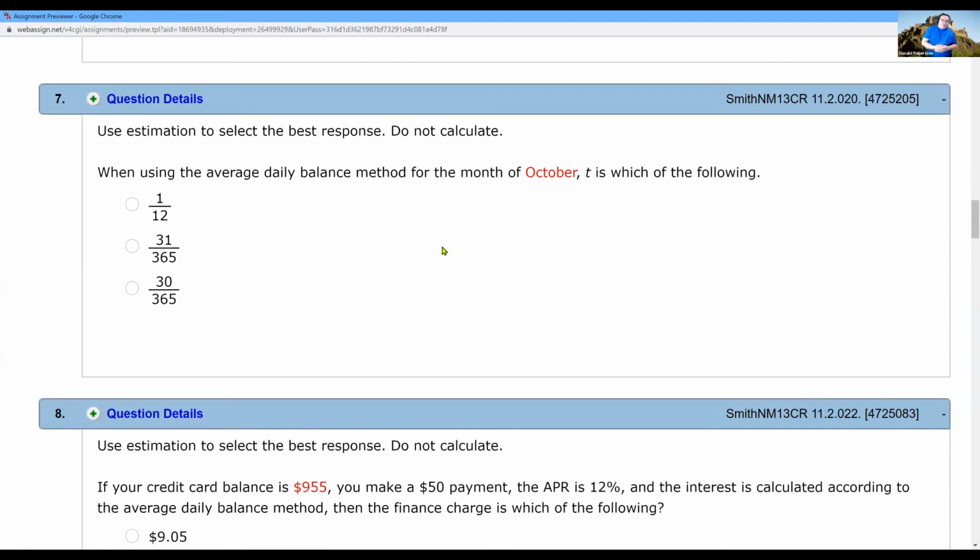When using the average daily balance method for the month of October, do you know what the average daily balance is? It's a credit card term. Does anyone know what it means? Average daily balance.